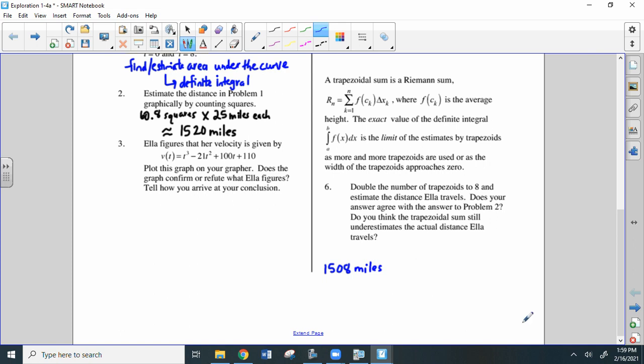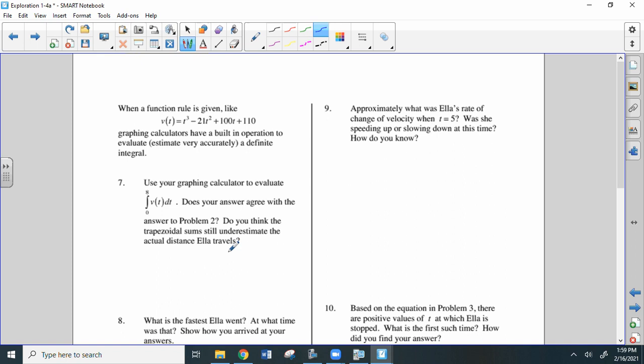Then it goes on to talk a little more about the definite integral. It says when a function rule is given, like our v of t, graphing calculators have a built-in operation to evaluate, which is literally just very accurately estimate a definite integral.